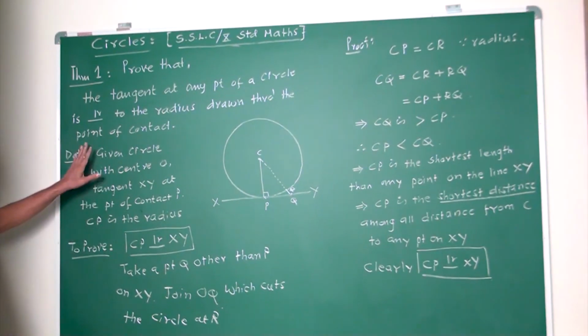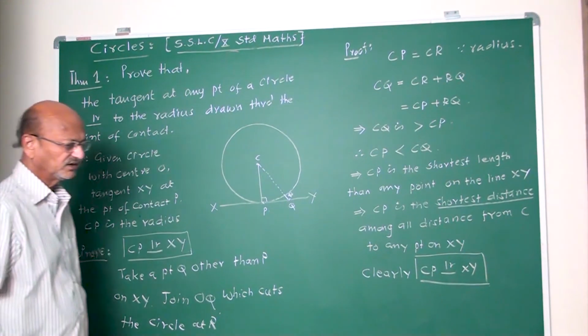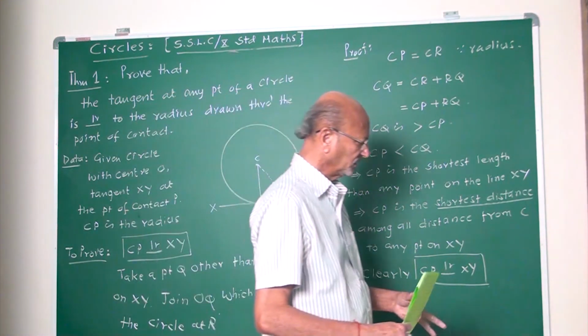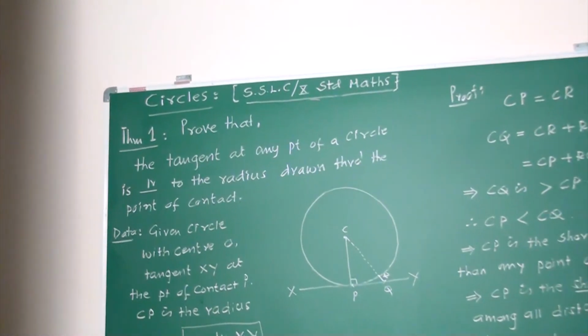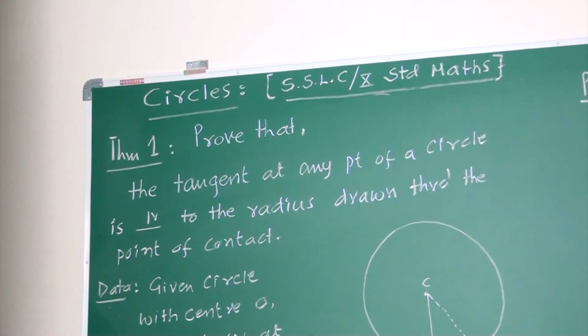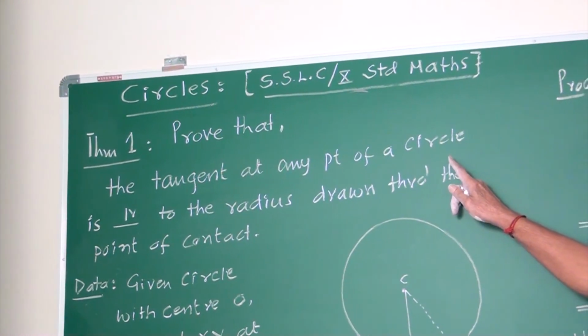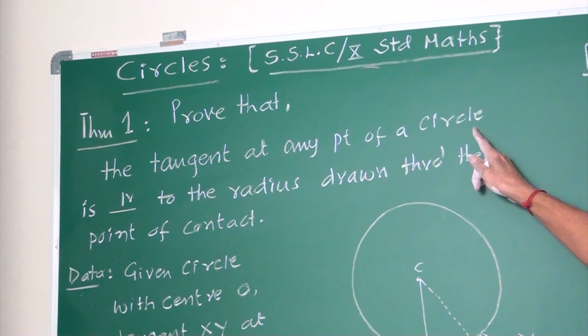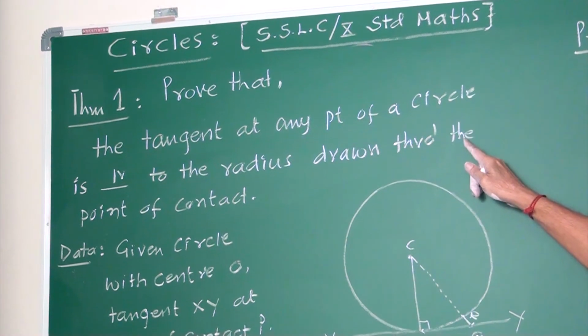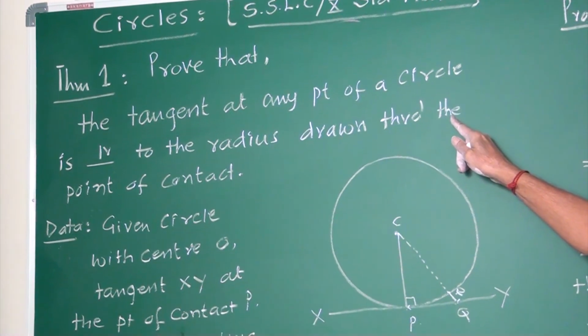Yes, my friends, I will explain once again. Prove that the tangent at any point of a circle is perpendicular to the radius drawn through the point of contact.